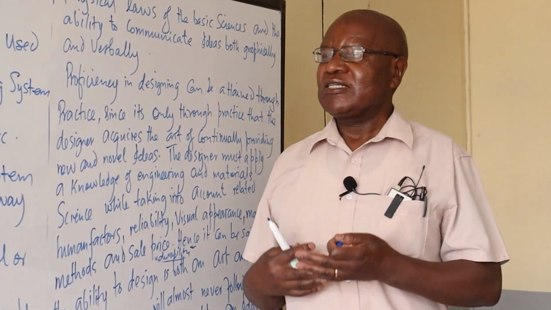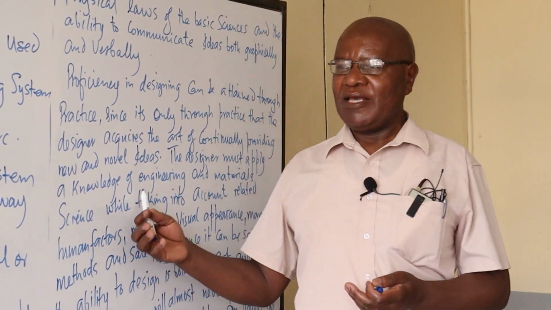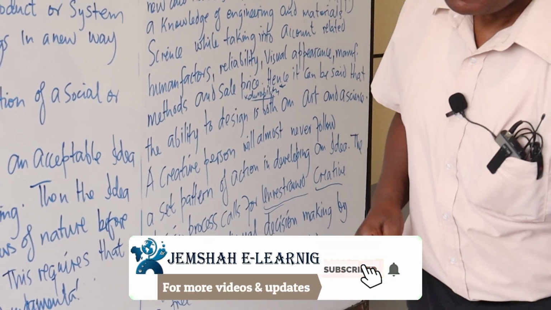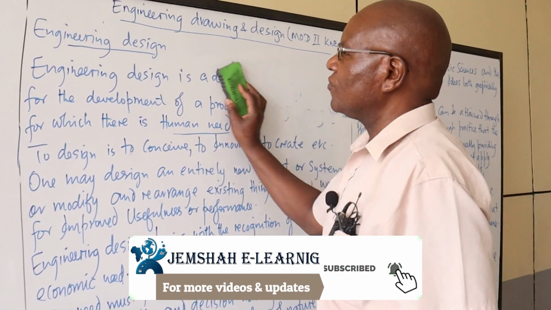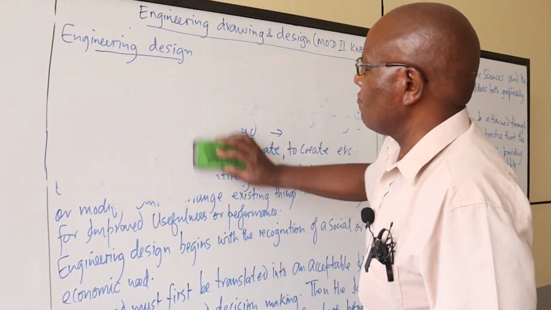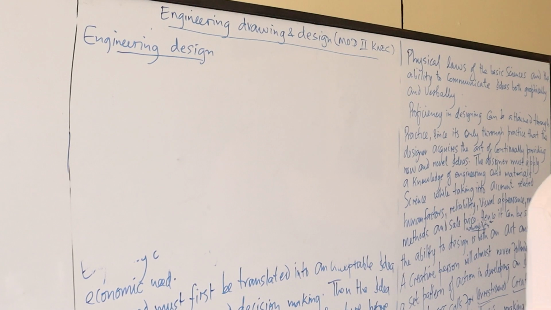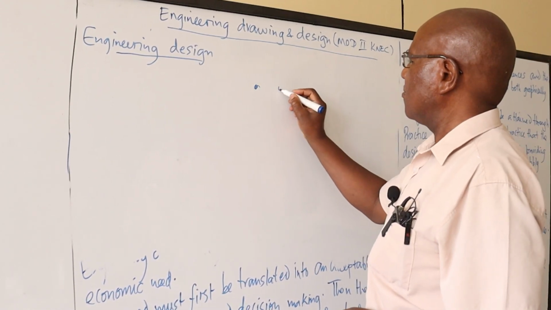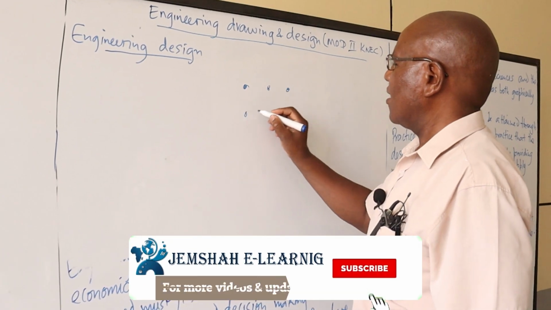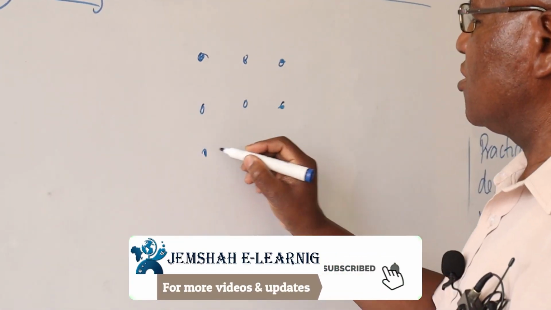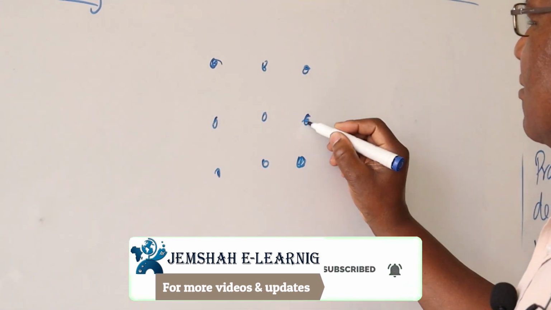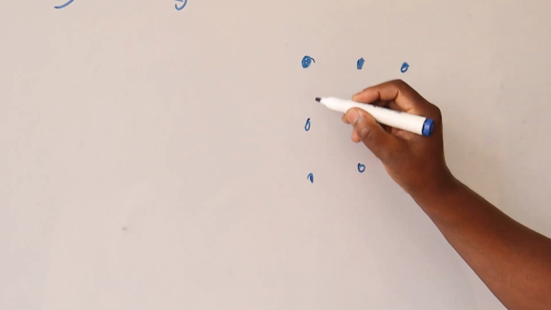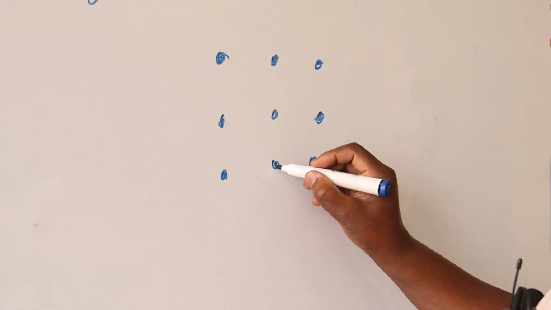And to know that you are good at designing, I normally give a small example to you guys, which I got sometimes when I'm perusing the internet, about 9 dots in a square formation, like that.